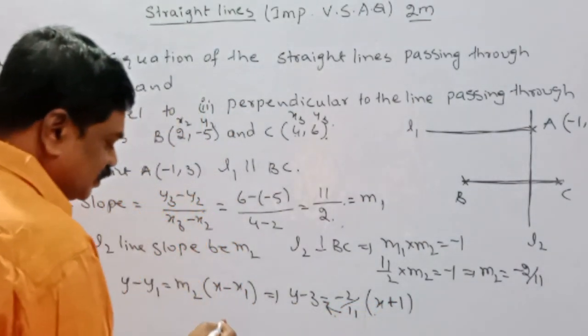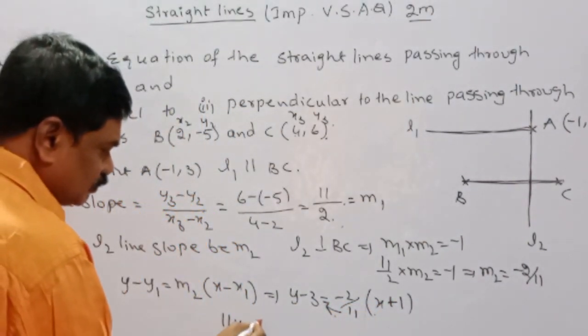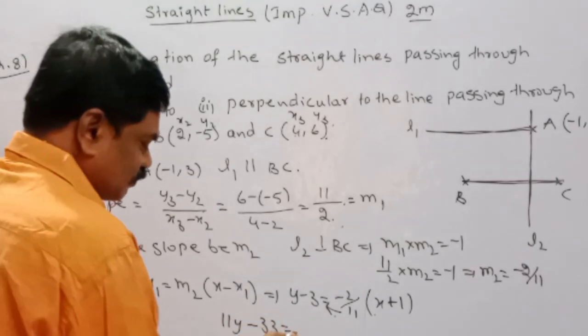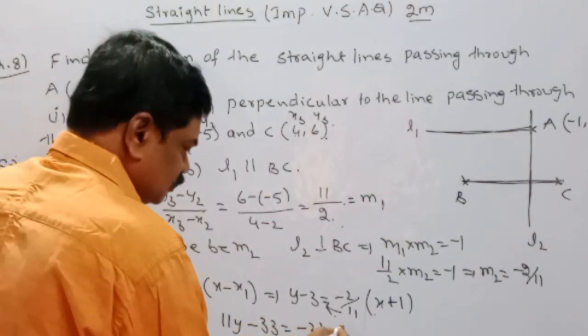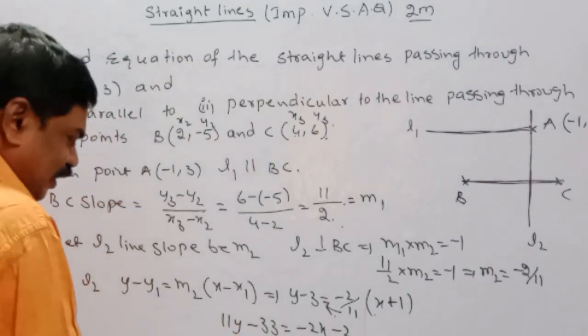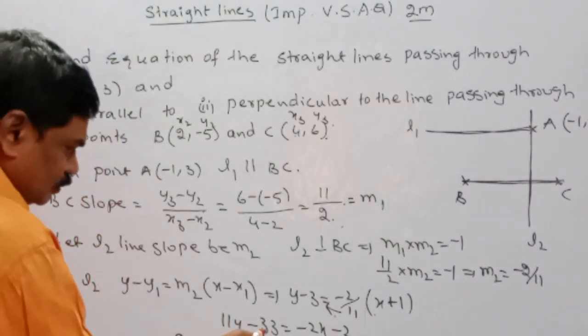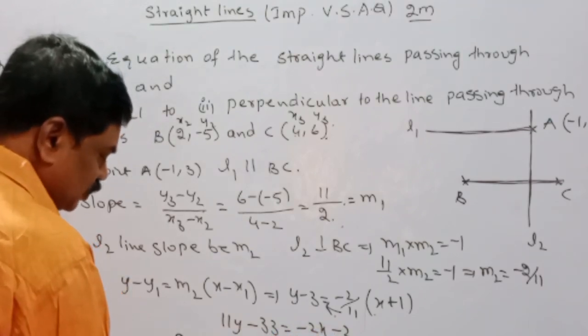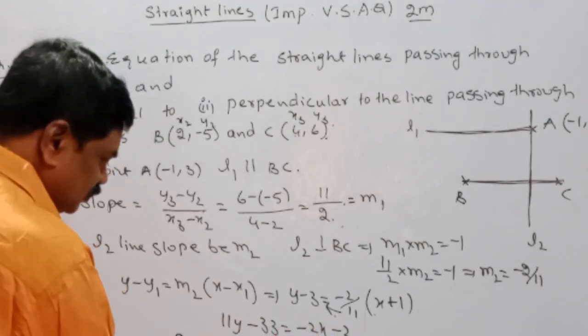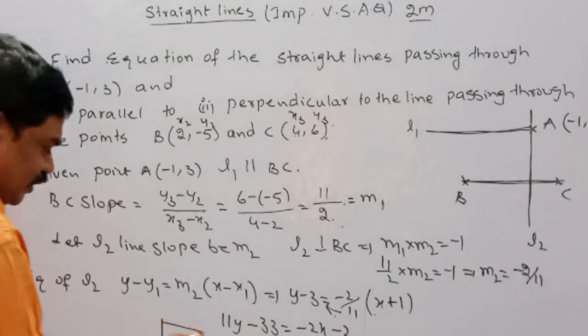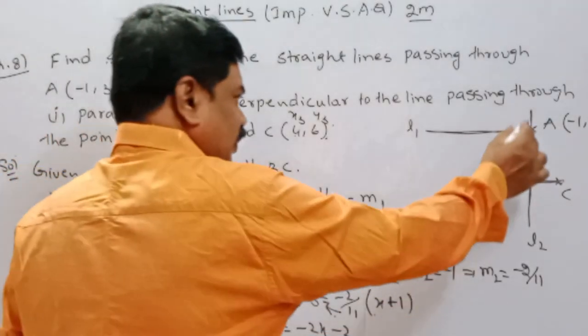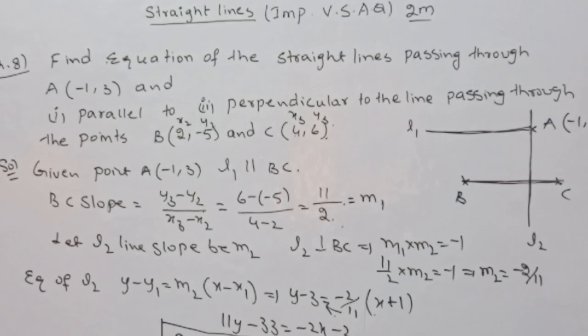By cross multiplication, 11y minus 33 equals minus 2x minus 2. You can take everything to this side: 2x plus 11y minus 31 equals 0 is the required equation of line L2. Okay, all of you? That's all.